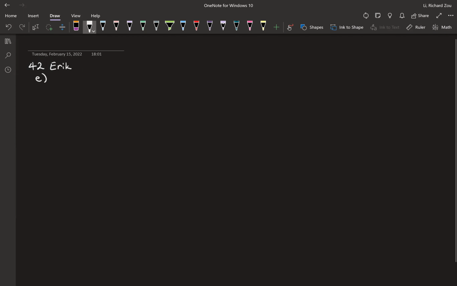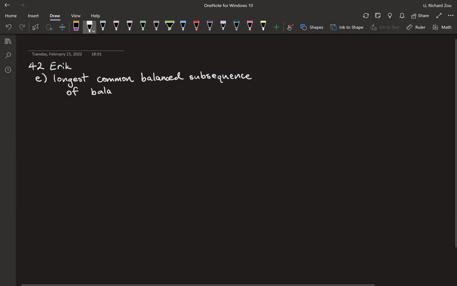We want to find the longest common balanced subsequence of strings X and Y. When you see longest common balanced subsequence, you should immediately think that X and Y are not necessarily balanced, so just strings X and Y. You should immediately think that we might be able to solve this using DP, right?